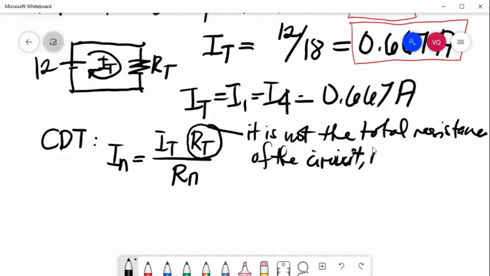Instead, this is the combination of the two parallel resistors.